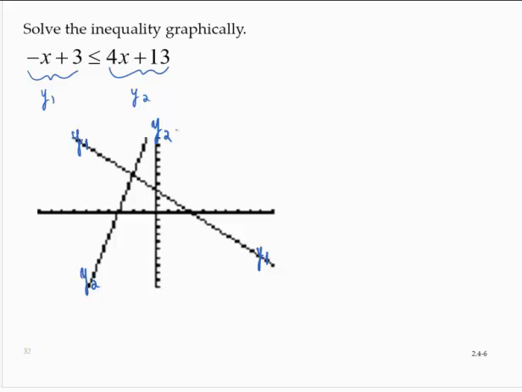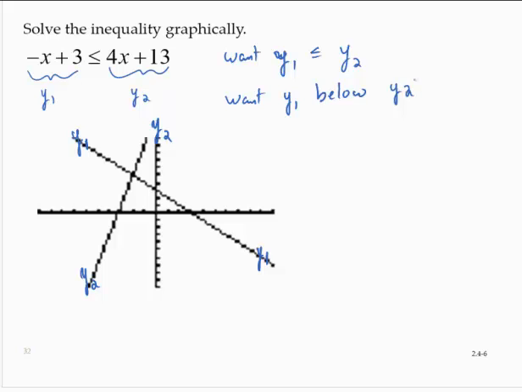Now, we want the y1, since it's a less than, we want the y1 less than or equal to y2. Well, since y values are vertical values, we can think that we want the y1 below the y2.